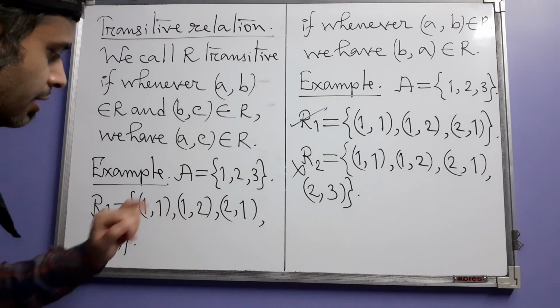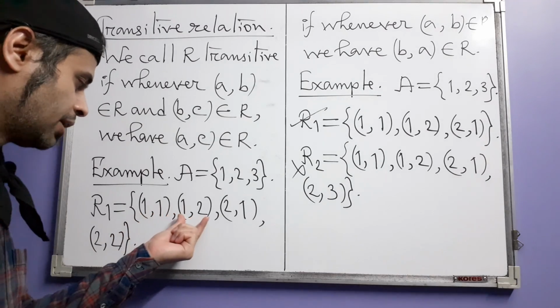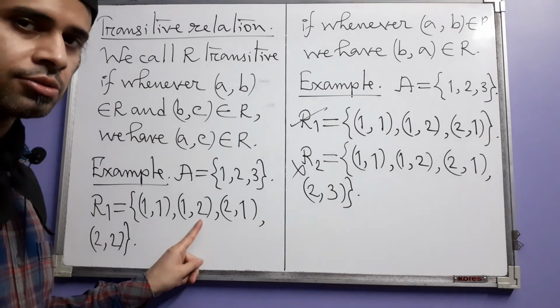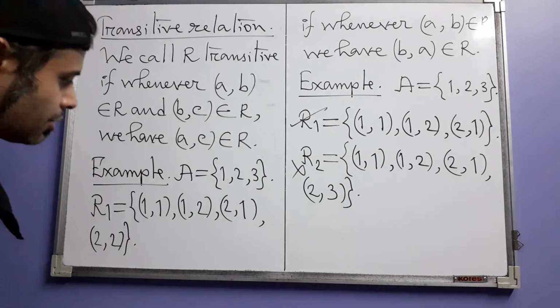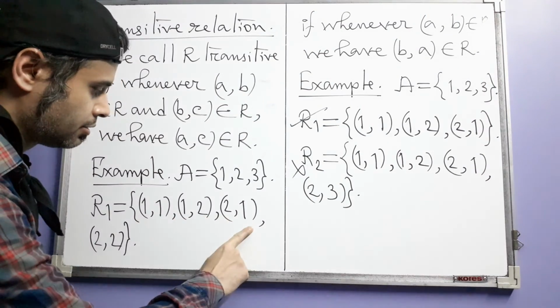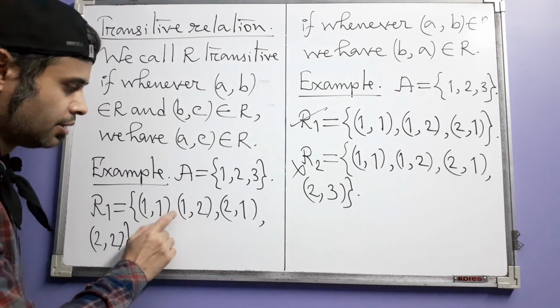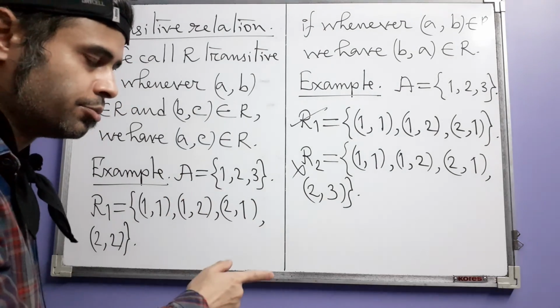Here we have 1 and 1. So 1 1 and 1 2 both belong to R1, so 1 2 should also belong to R1. Yes, that is already there. If you consider 1 2 and 2 1, then 1 1 should be there. Yes, that is also present. If you consider 2 1 and 1 2, then 2 2 should be present.